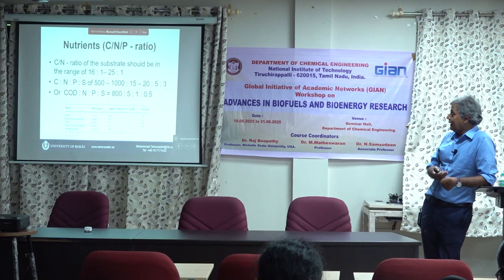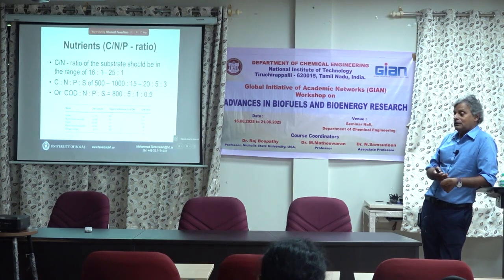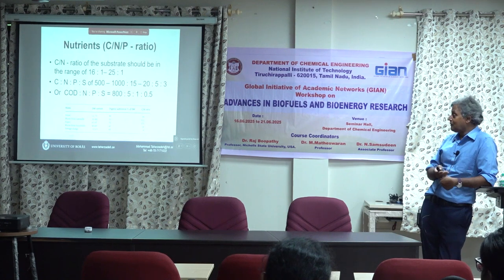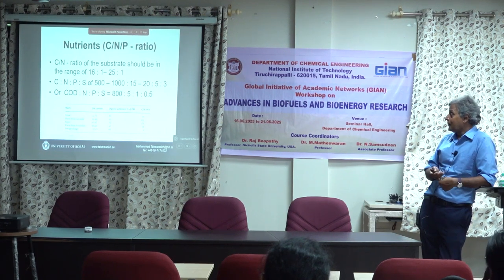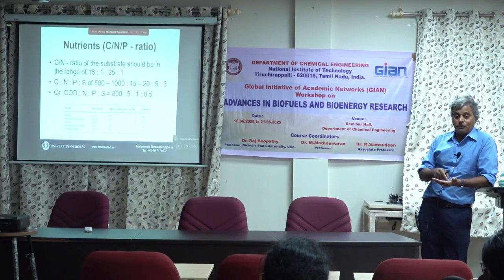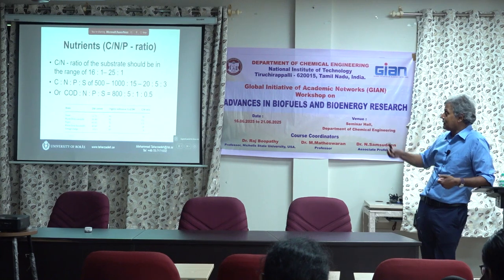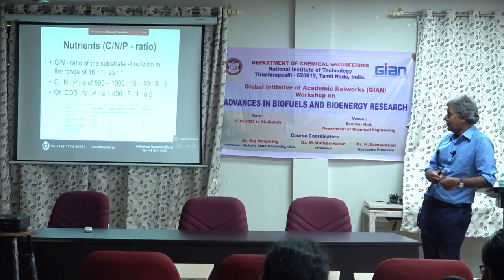So nutrients, again, you need to balance your nitrogen and phosphorus requirement, which is given here, the carbon, nitrogen, phosphorus ratio. If you are calculating carbon in the form of COD, chemical oxygen demand, it's 800:5:1.